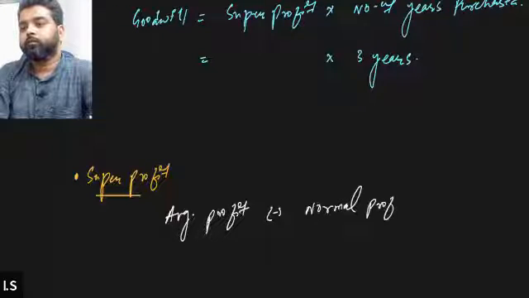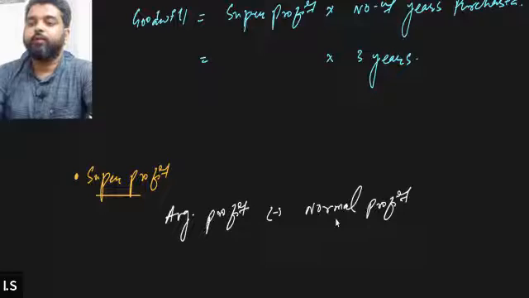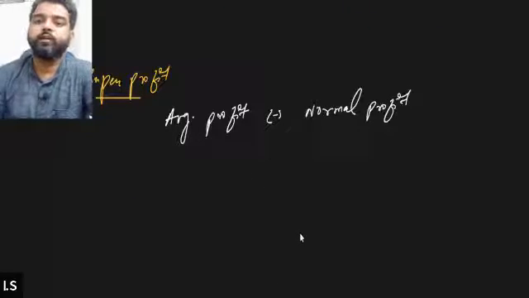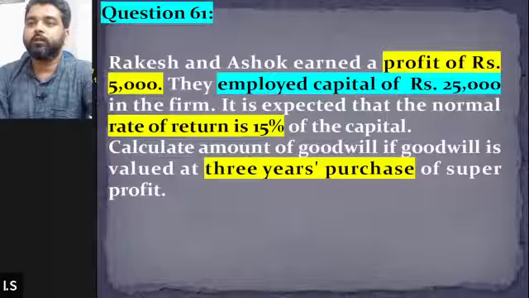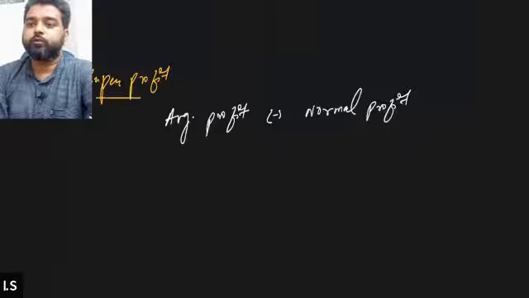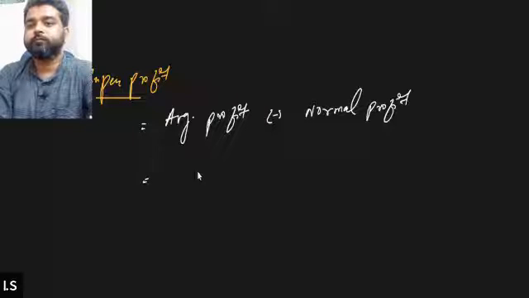The average profit of the firm is already given in the question, and it was 5,000. So 5,000, and we need to subtract the normal profit out of it.